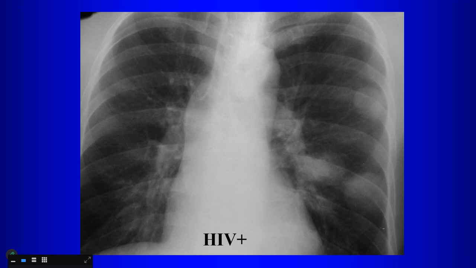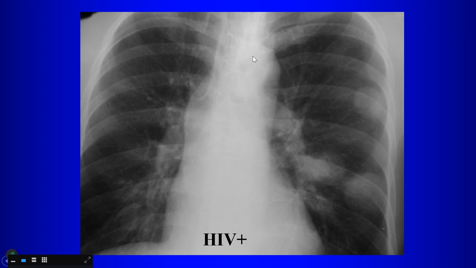Could this be lung cancer? Yes. So patients who are HIV positive, what's important to know about lung cancer in these patients? They can develop lung cancer just like anybody else, but lung cancer in these patients also tends to be very aggressive.